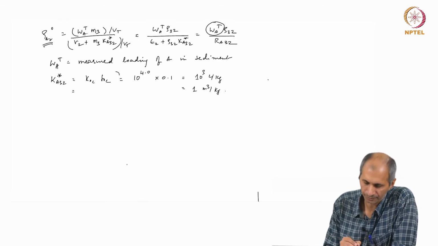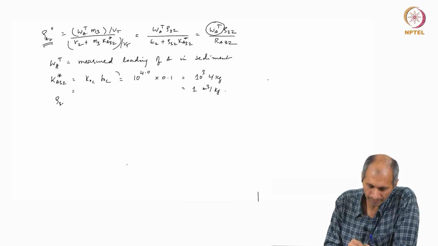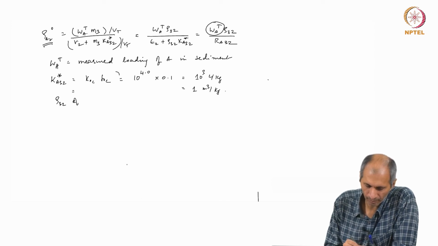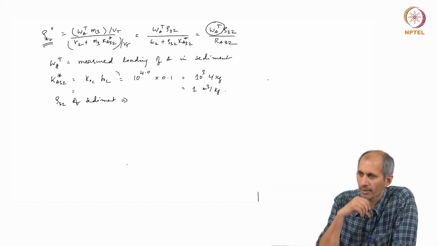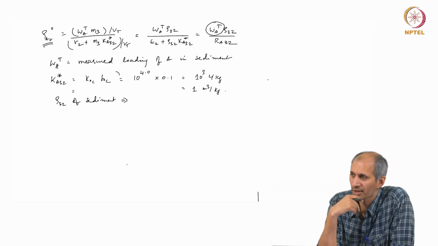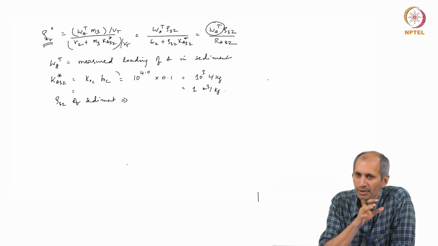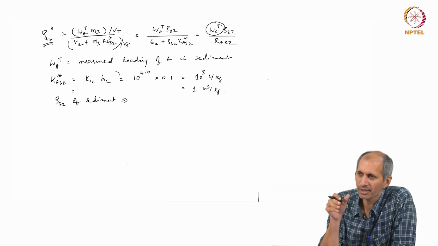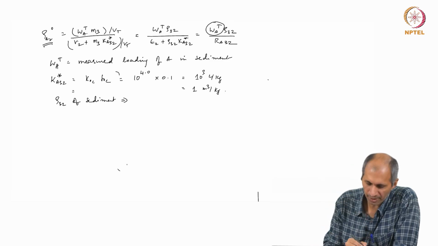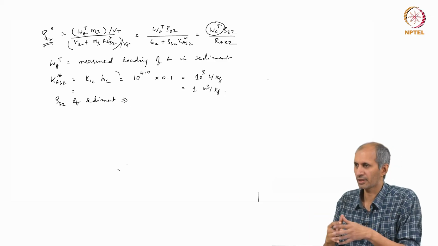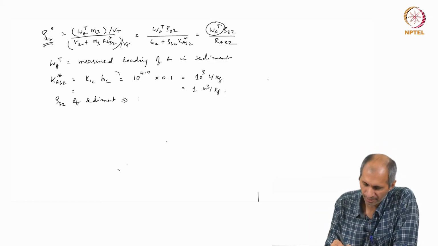The bulk density of sediment ranges from the density of water if there is no sediment. So, only water, density of water is 1000 kilograms per meter cube. If you keep adding solid, the mass goes up because the particle density of solid is around 2000 to 2500. So, the bulk density of sediment is usually higher than 1000. So, let us say it is 1500 kilograms per meter cubed.